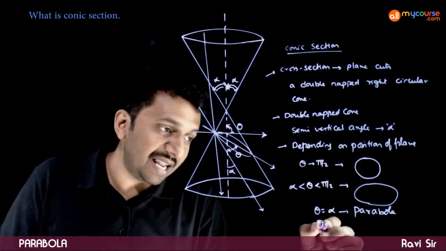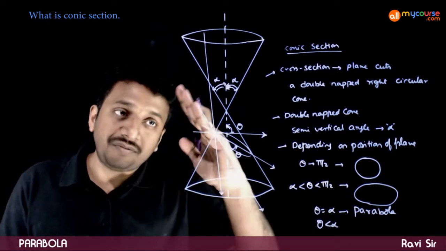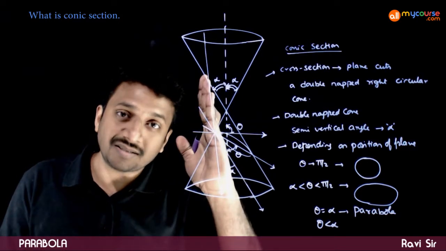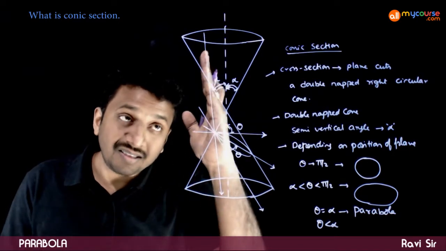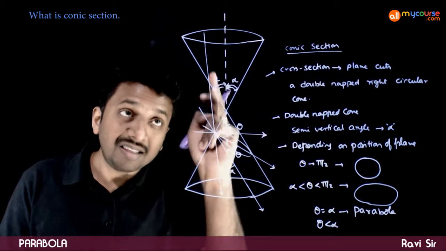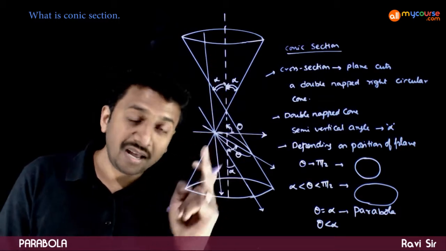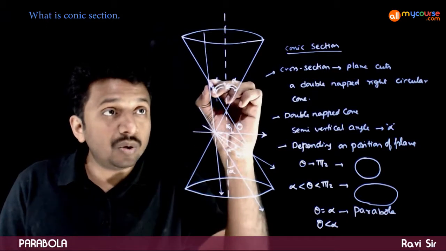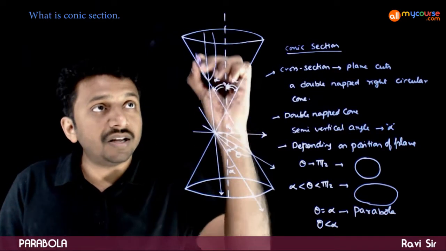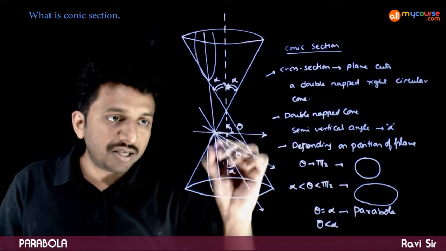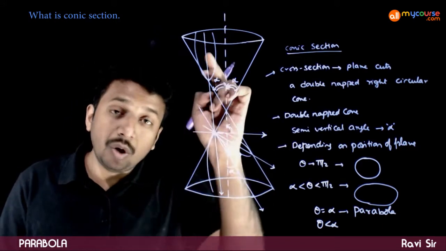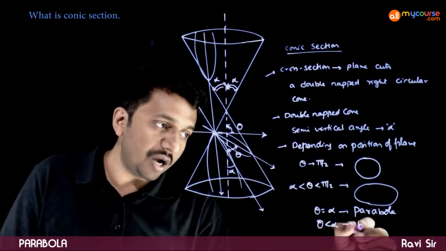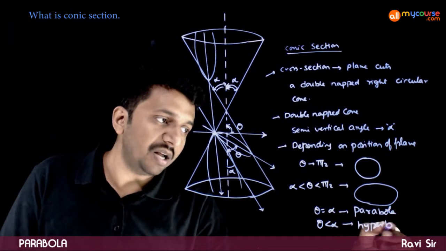And if theta is less than alpha, so if the inclination of the plane still increases, you can see that this plane cuts the double nap once on this side and another time on this side also. You get two open cross sections, which is called a hyperbola.